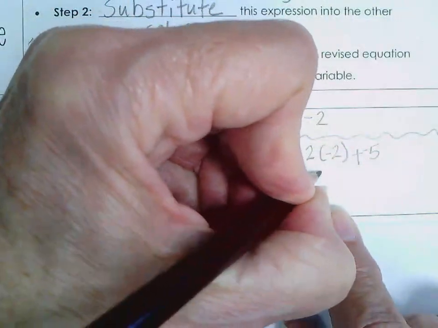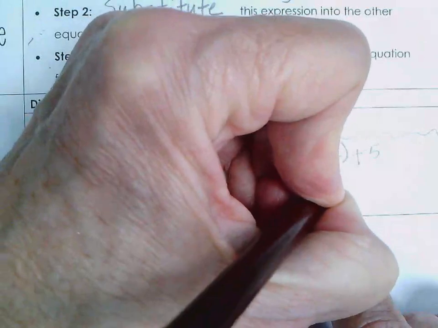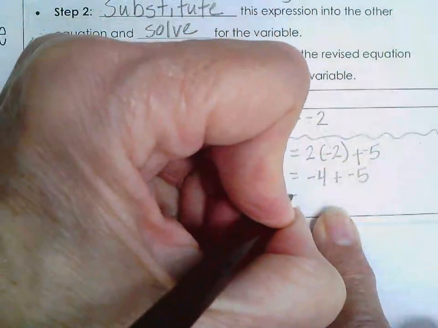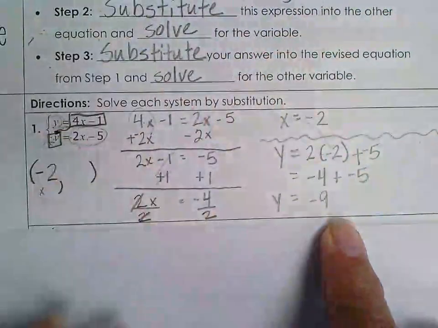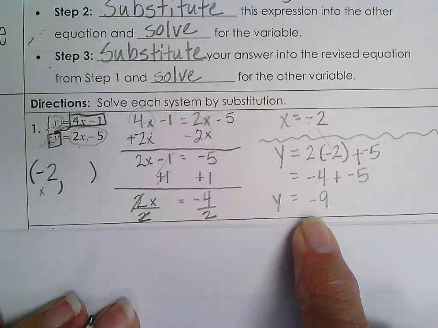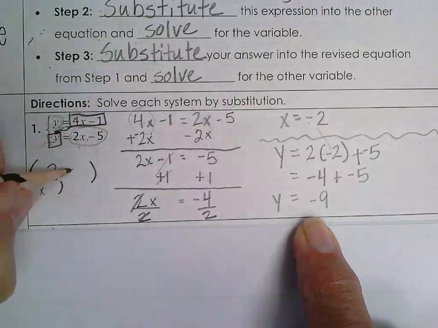And I'm going to say plus a -5. So this is going to give me -4 plus -5, and that's going to give me -9. So I have my y value as -9.